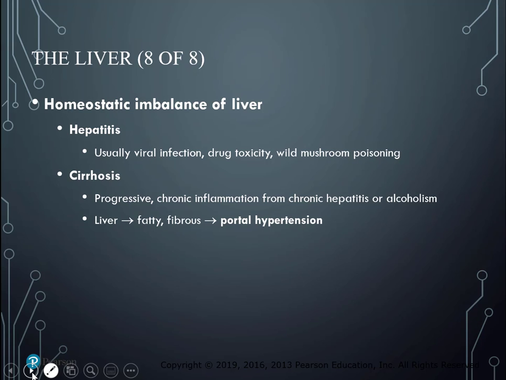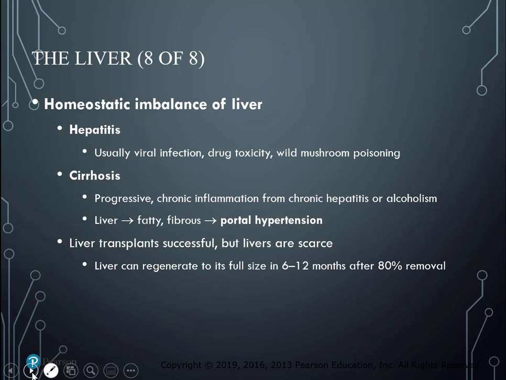Here the liver becomes fatty and fibrous. Transplants are really successful whenever the liver fails, but the availability of livers is very scarce. The liver can regenerate to its full size in 6 to 12 months after 80% of it has been removed.